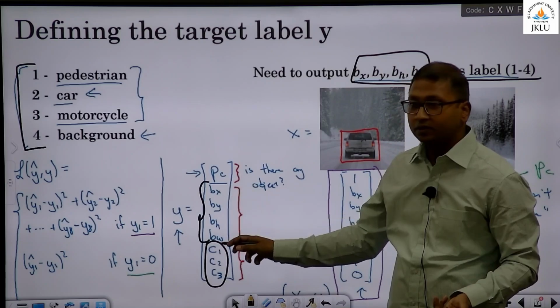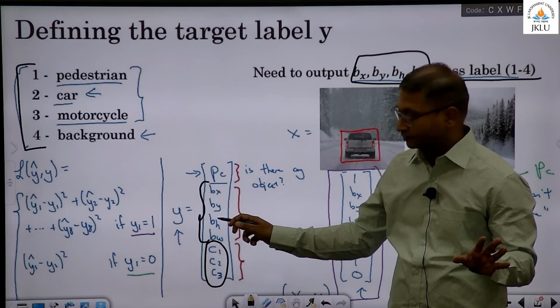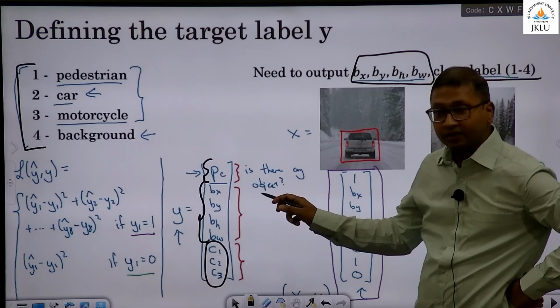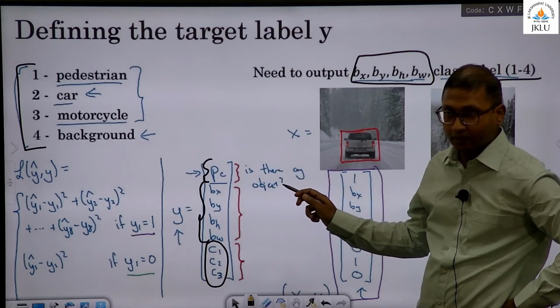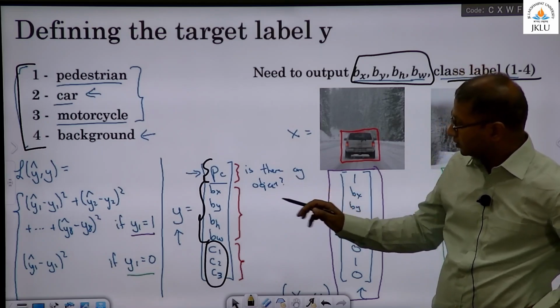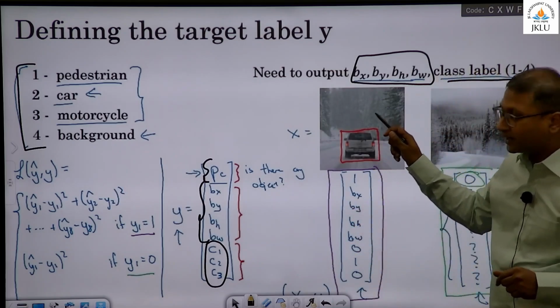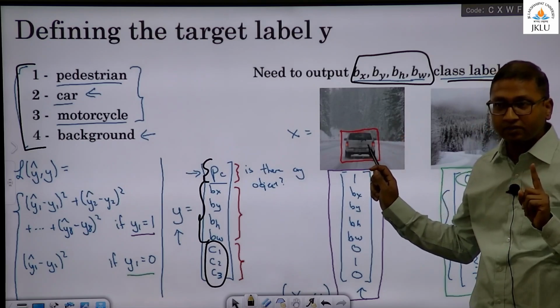This is for the bounding box. What is this one? Is there any object? We'll come to the loss function in a minute. So what is the label for this one? Is there an object in this?